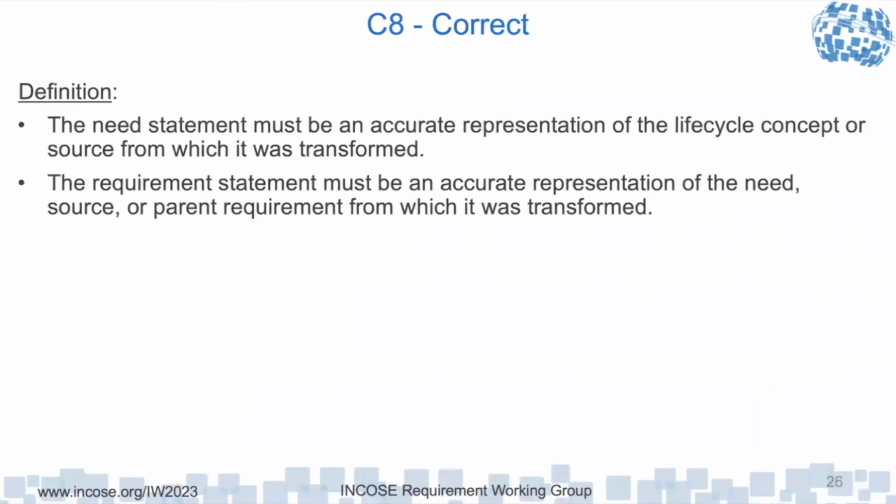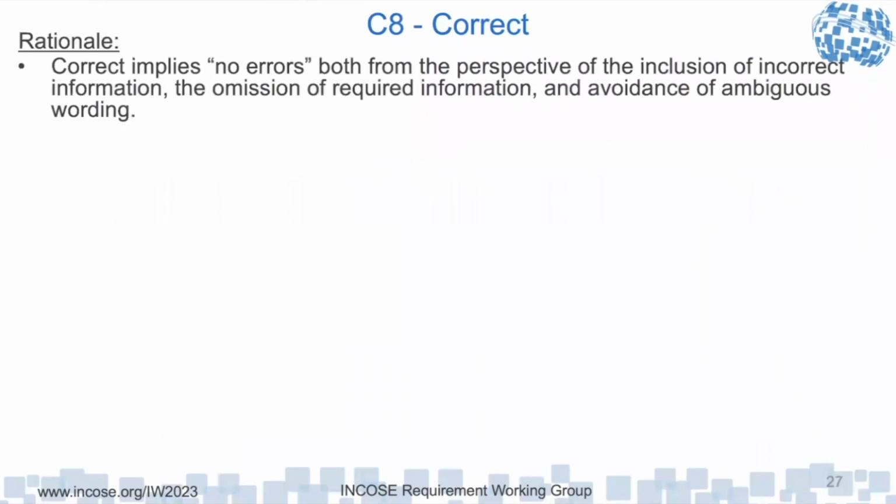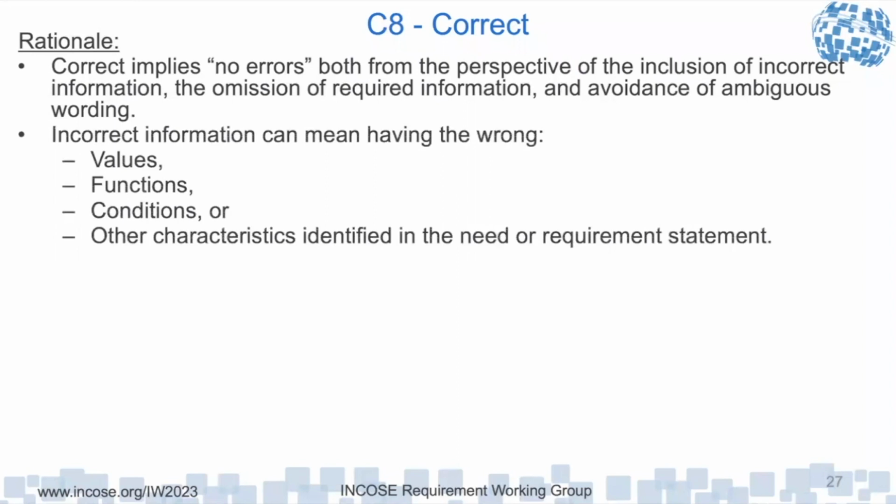We want our needs and requirements to have correct as a characteristic. So the need statement must be accurate. The statement must be an accurate representation of the need source or parent requirement from which it was transformed. Correct implies both avoiding incorrect information and including the required information, as well as avoidance of ambiguous wording.